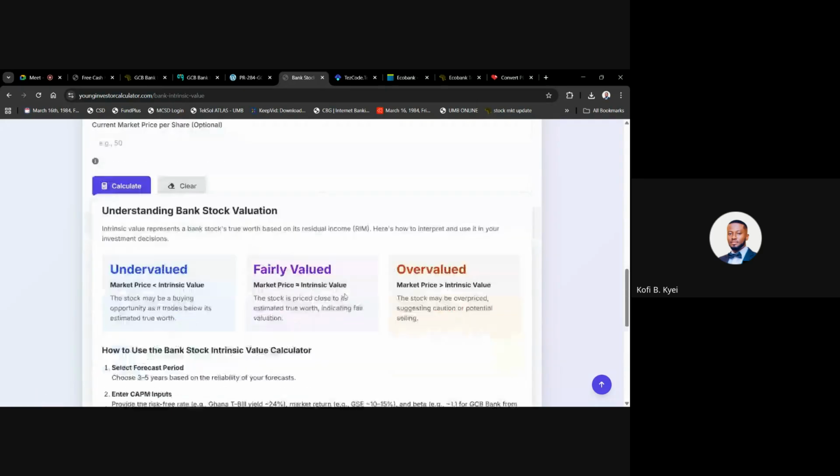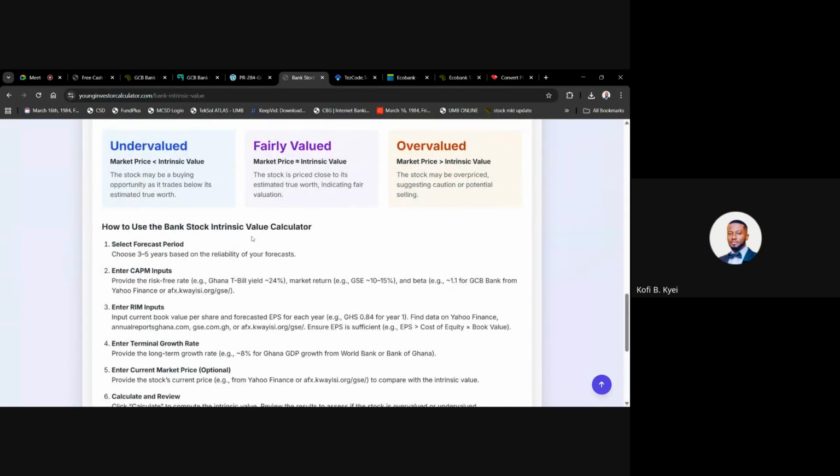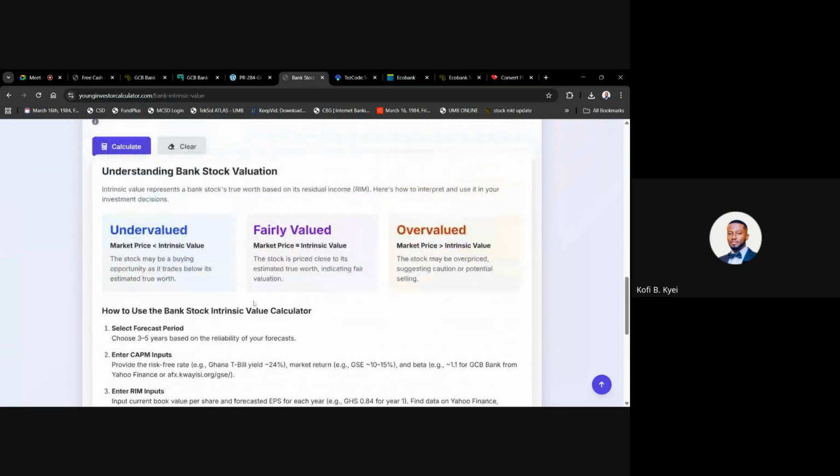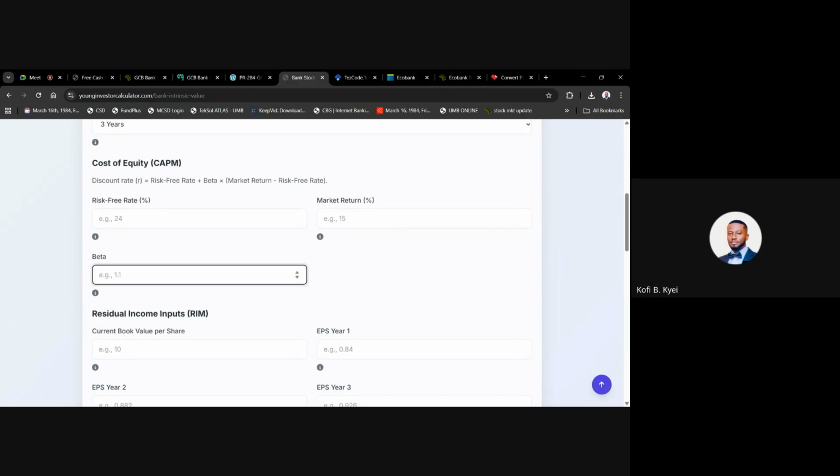There's a step-by-step guide on how to use the calculator. I'll also guide you myself. Some of the items you need to pick. There's a beta calculator, how to go about beta. The Excel I shared with you yesterday has a beta calculator or beta formula in it. So I'll guide you how to go about all of those things.